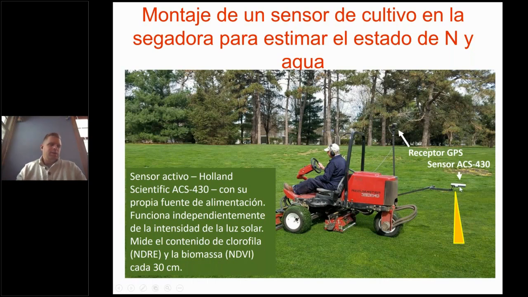If the grass is really green, less of that light bounces back because it's absorbed by the plant. If more light bounces back, then the plant is not healthy or it's bare soil. And so we say the grass is unhealthy and maybe it needs more fertilizer, maybe it has drought issues.